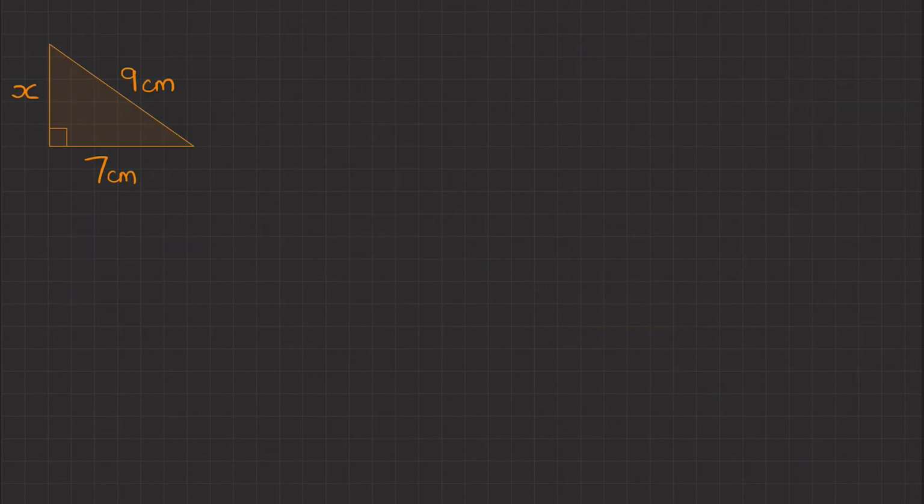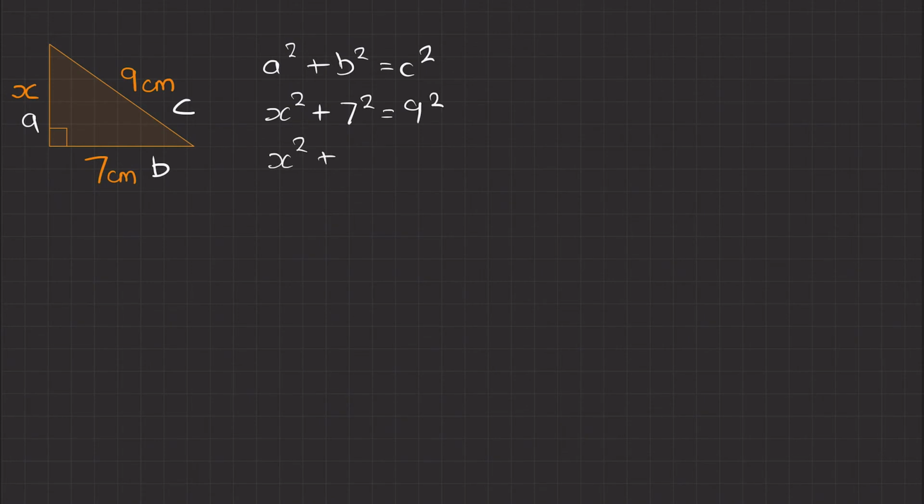So our first question, I'll write down a squared plus b squared equals c squared. So we've got side c, I'm going to call this a and b. Substitute in our values, x squared plus 7 squared equals 9 squared. I'm going to calculate the indices, so we'll have x squared plus 49 equals 81.